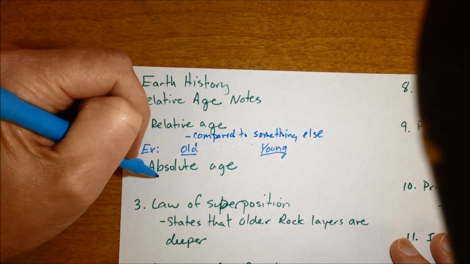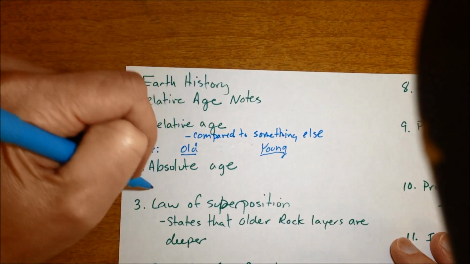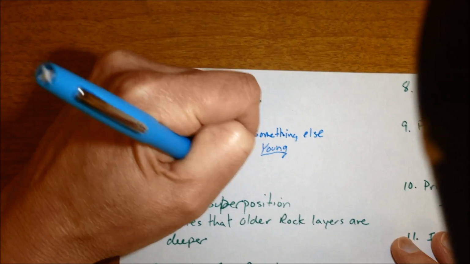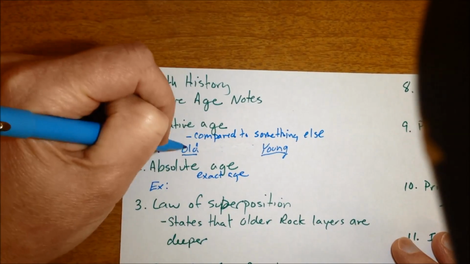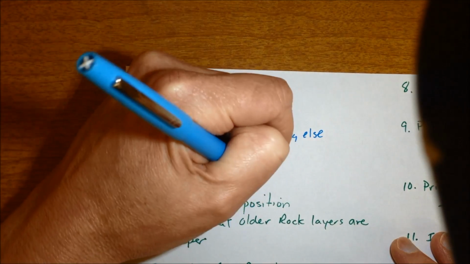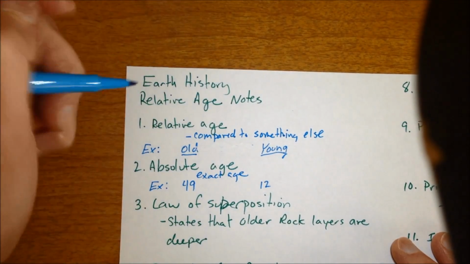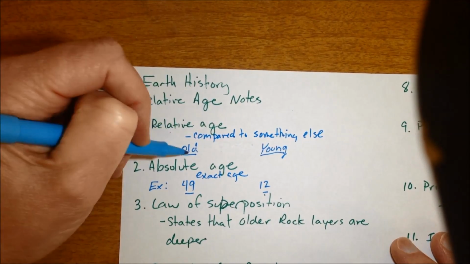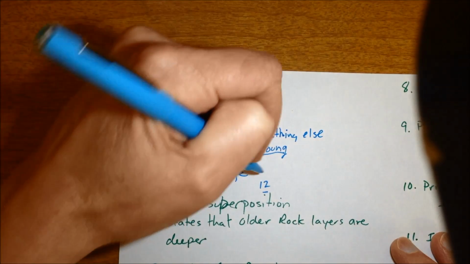In contrast, the absolute age gives you the exact age of something. For example, Mr. Modis is 49, at least at the time of this video, and you're maybe 12, maybe 13. So absolute age is the real age of something. Relative age is the age of something compared to something else.